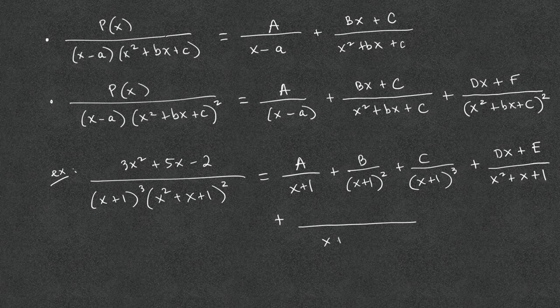We need one more rational term for x squared plus x plus 1, but we increase the power by 1. The numerator is still a linear expression, which is now fx plus g. We can use any letters that we haven't used before. There's nothing special about these letters.